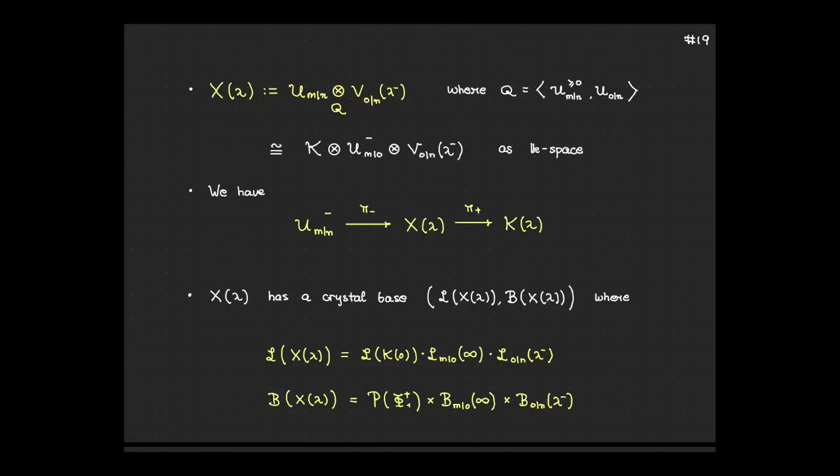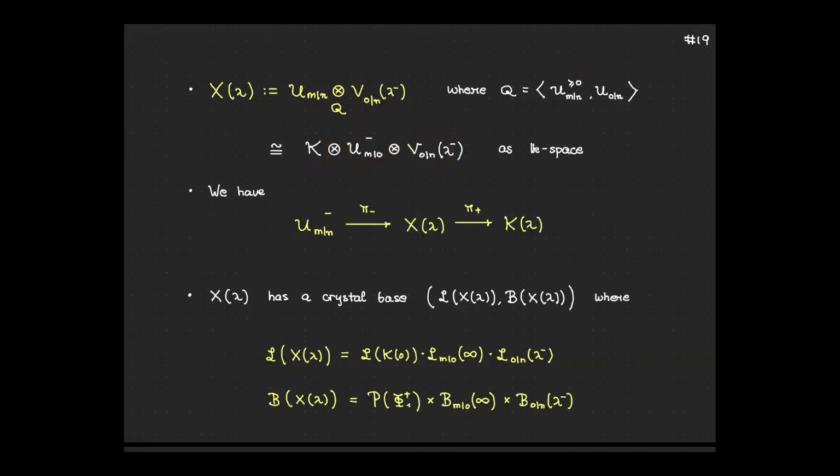Then we can define this kind of module, say X of lambda. Then according to the triangular decomposition, as a K space, it is isomorphic to the tensor product of our subalgebra K, U minus M0, and the irreducible representation of GL0n.